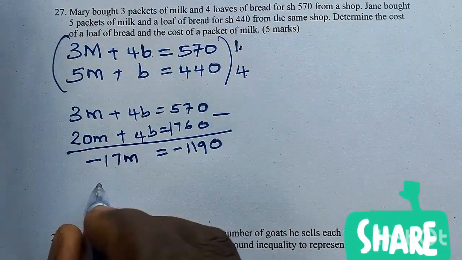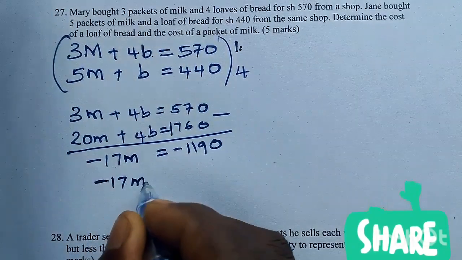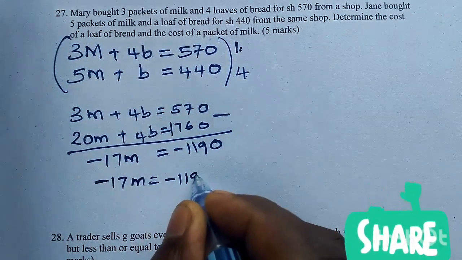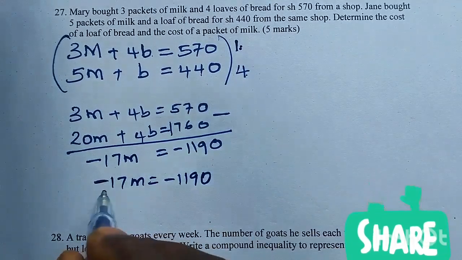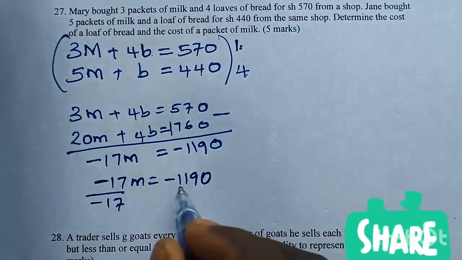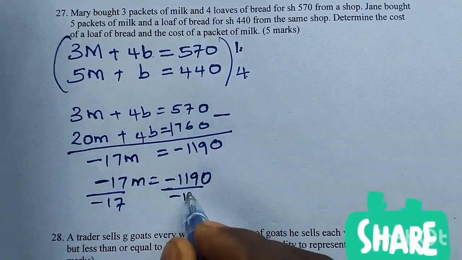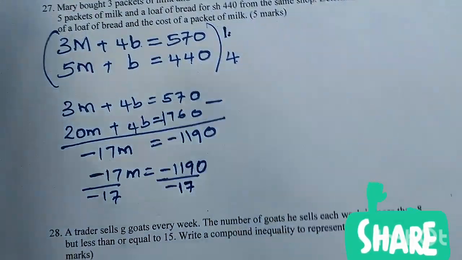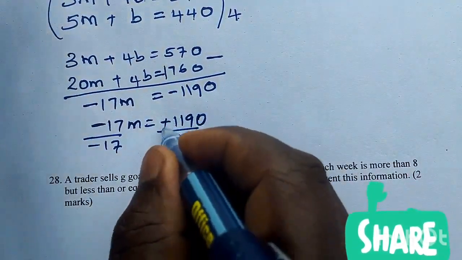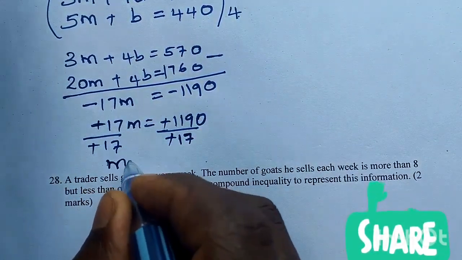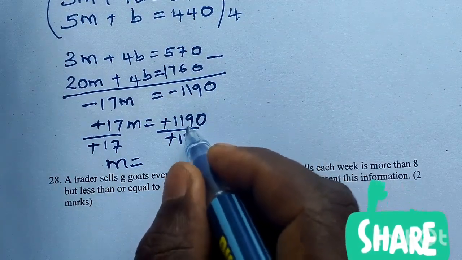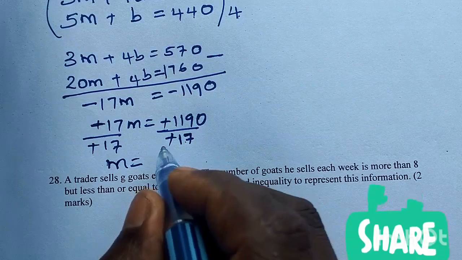So negative 17M is equal to negative 1190. We divide by negative 17, divided by negative 17. A negative divided by a negative is a positive. So M is equal to, you divide, you get the answer to be 70.